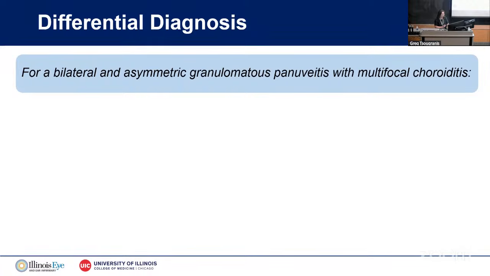What would be on your differential diagnosis for a bilateral and asymmetric granulomatous panuveitis with multifocal choroiditis? You can just shout it out. So TB, sarcoid, syphilis, a classic, Catherine. MFC with panuveitis, good. VKH.